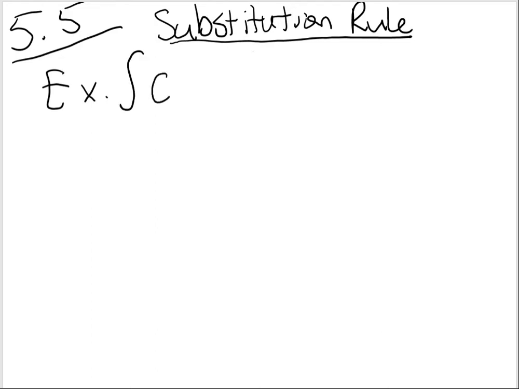Let's do some trig. Cosine cubed theta, sine theta, d theta. Well, I will say first of all, because I have these two things being multiplied and we haven't talked about a product rule yet, and we're not going to in this course, this is a perfect candidate for substitution rule.